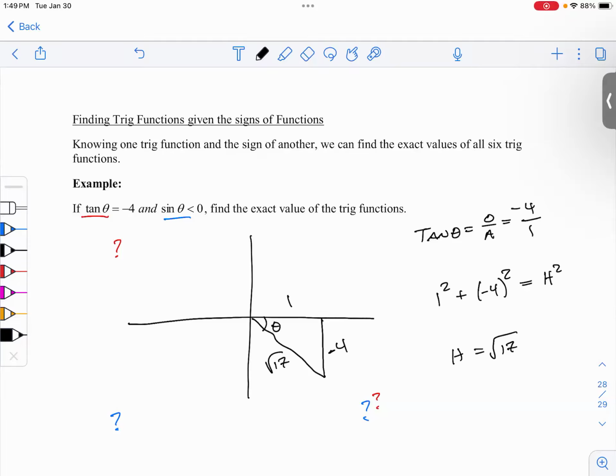Because technically, when I take a square root, how many answers do I get? 2. Square root of 4 is +2 or -2, right? But the good news, because of the context that we will always be dealing with in trig, the hypotenuse always represents a distance and hence is always positive.